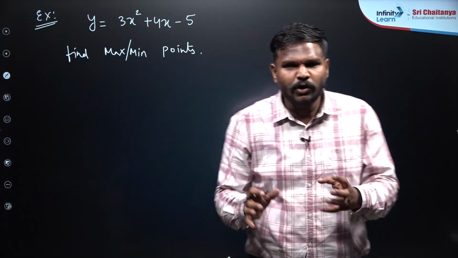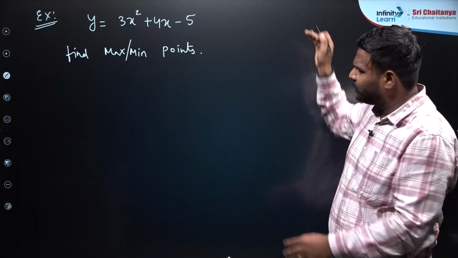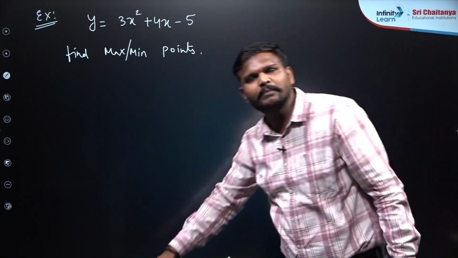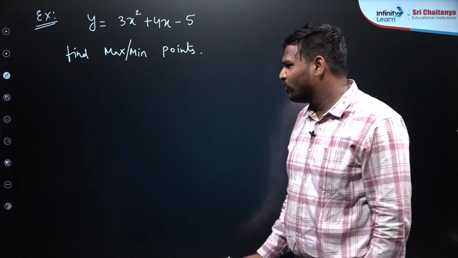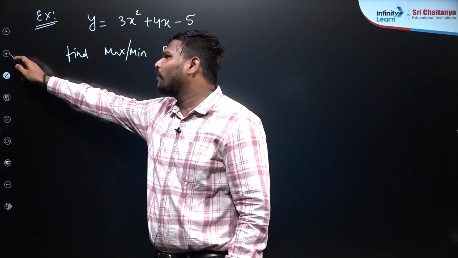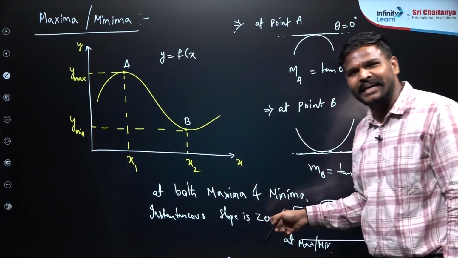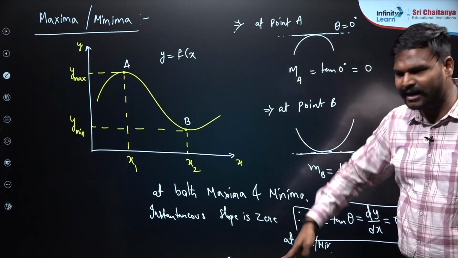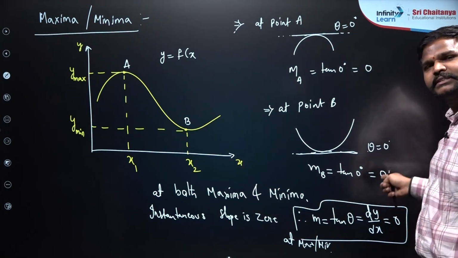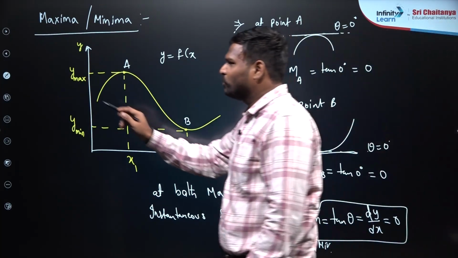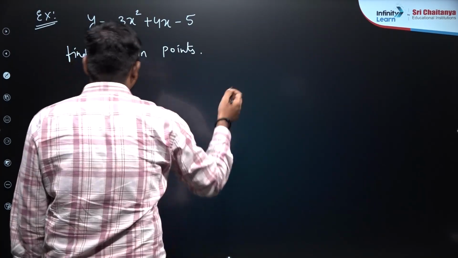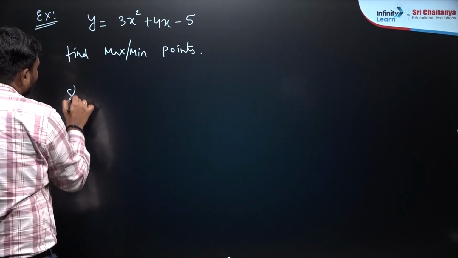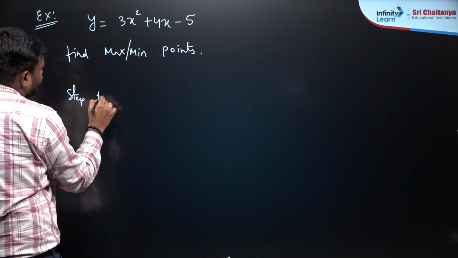Like if I want to plot this in a graph, where the top peak is coming and where the bottom peak is coming, so they are going to ask us. So we will take the help of this particular understanding. At both maxima and minima, its derivative is 0. So to find maxima or minima, we will differentiate and equate to 0.